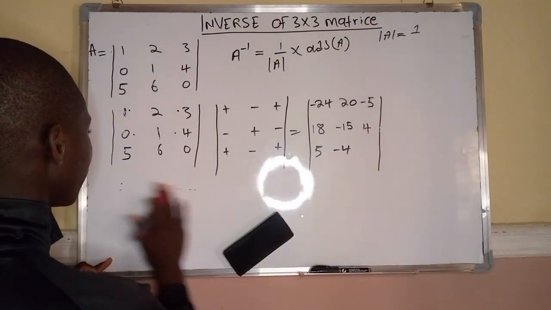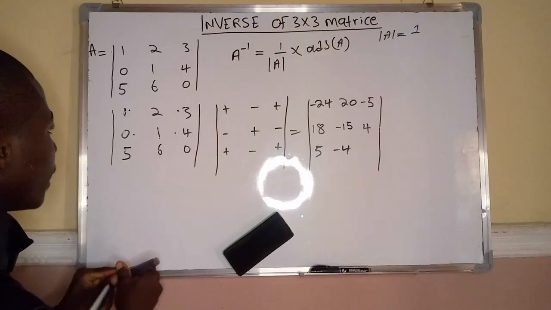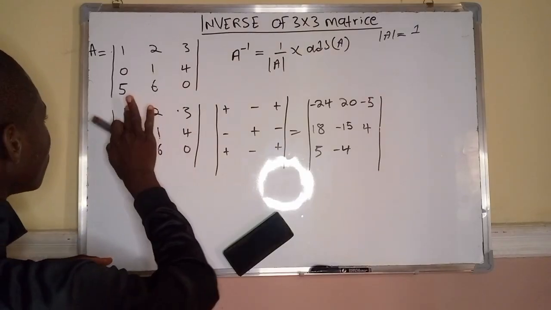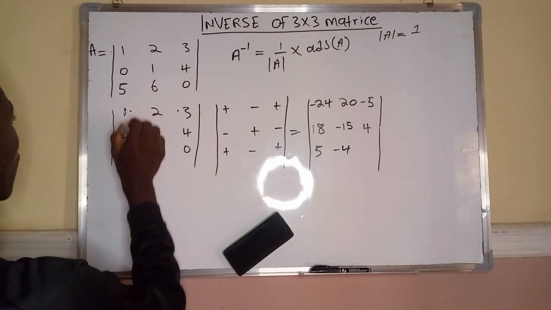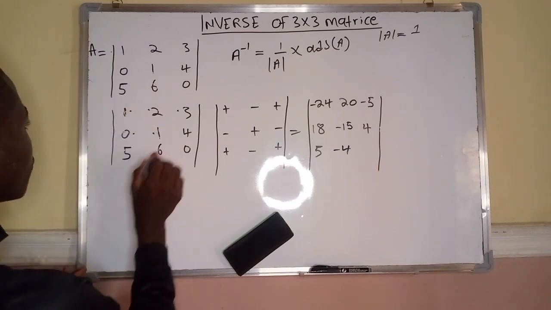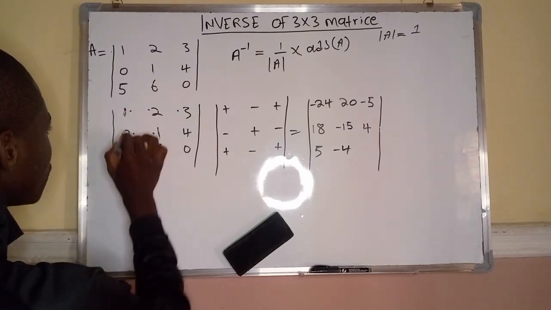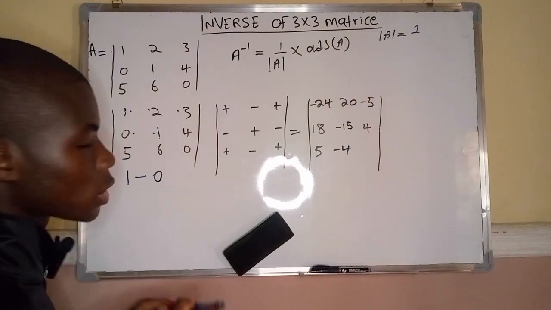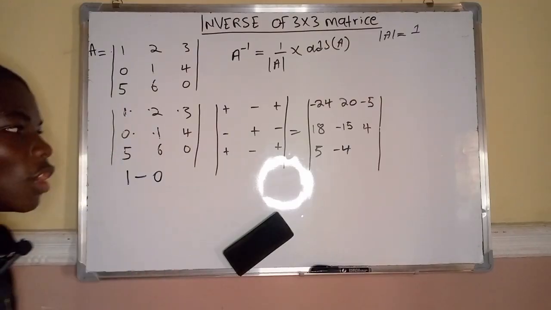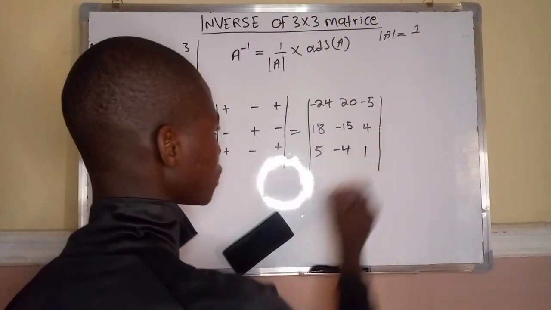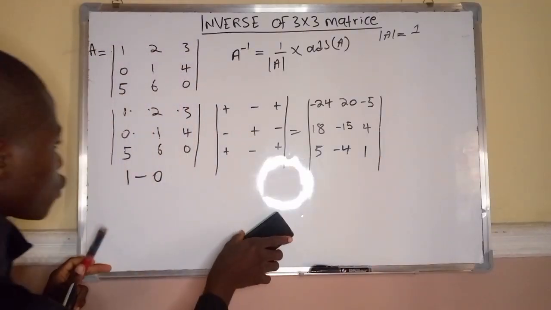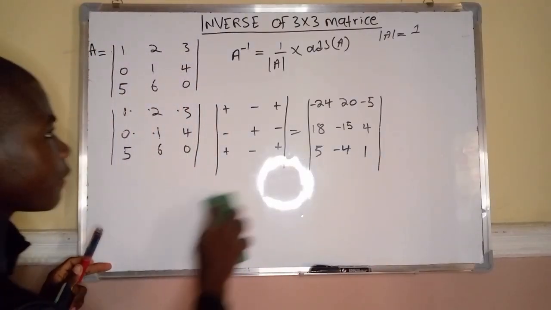So let me find the minor of 0. If I delete this, I will have 1, 0, 2, 1. 1 multiplied by 1 is 1, minus 0 multiplied by 2, which is 0. Therefore, it is equal to positive 1, and positive 1 multiplied by the positive sign is the same thing, 1. So therefore, I already found the cofactor.